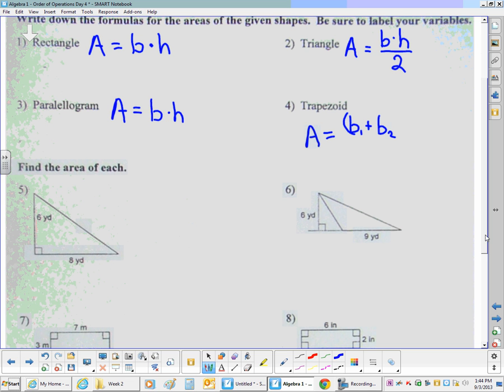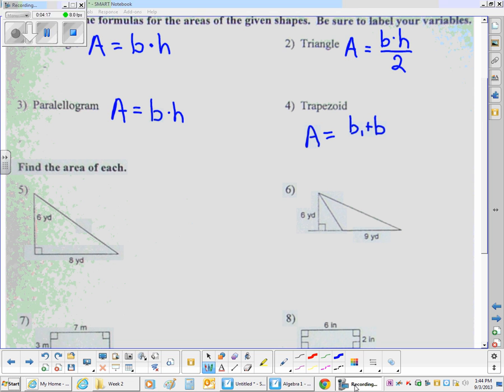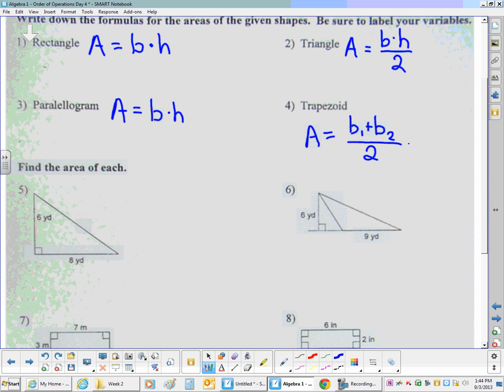Actually, I don't even need that parenthesis because of our invisible parentheses. So B1 plus B2 over 2 times H. Okay, so the trapezoid formula looks a little more complicated.